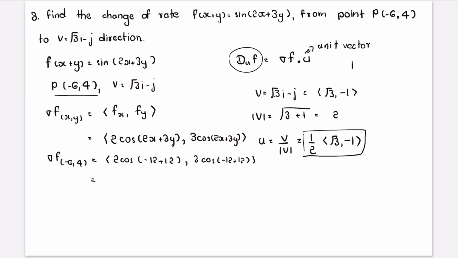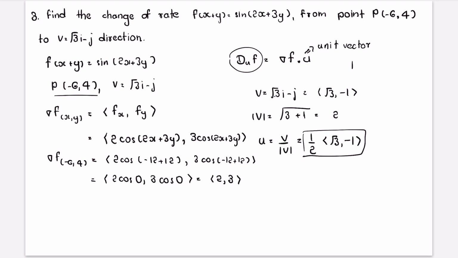So it is cos 0, and the other thing is also cos 0. So cos 0 is 1, right? So it is 2 comma 3.